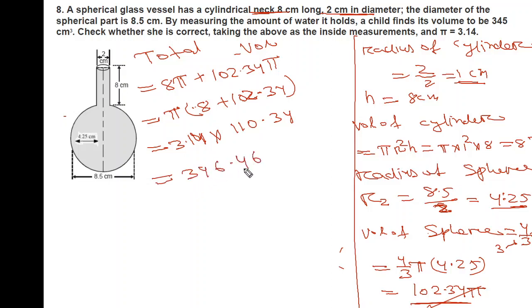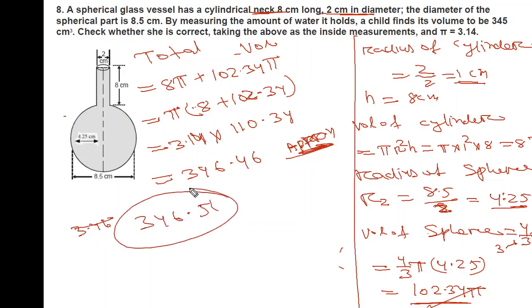346.46. I have written it up to 2 decimal points, so it will be an approximate value. This value will differ, like 346.4851, like this it will differ. In your book I had seen that it is 346.51.